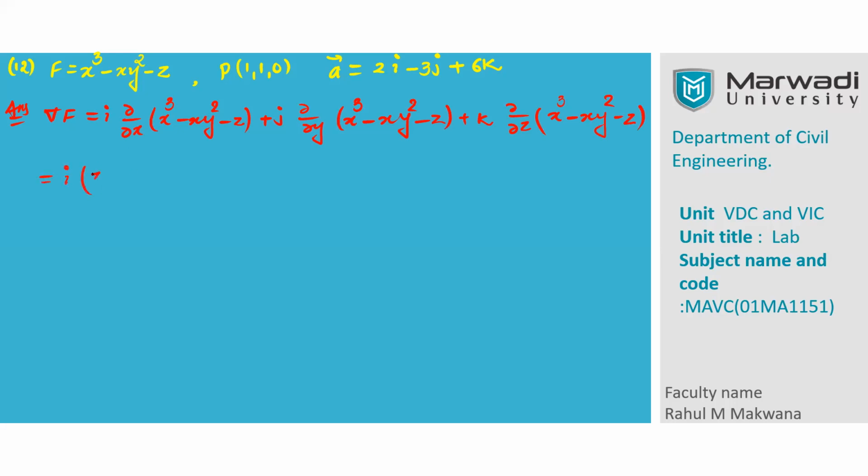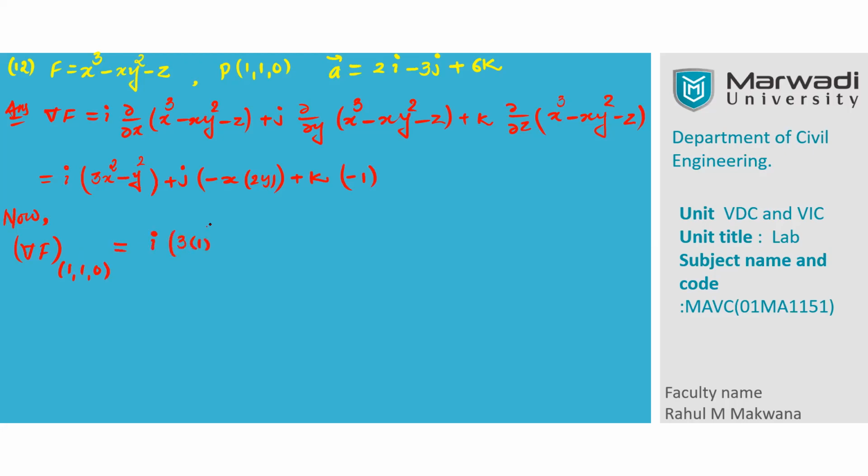Partial differentiation with respect to x. Now with respect to y will be minus x into 2y. And with respect to z, partial differentiation is simply minus 1. Now let us put the point in the gradient, where the point is 1, 1, and 0.